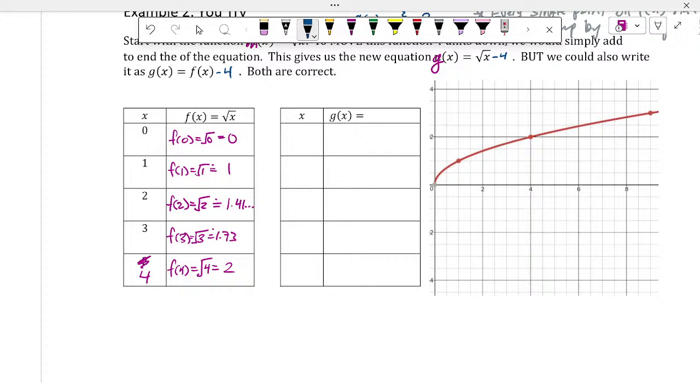Alright, guys, I'm the teacher for today. Let's see, so what we want to do is we want f of x minus 4.